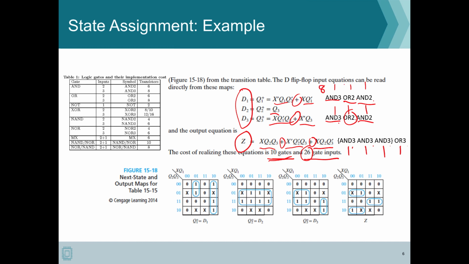OR 2 is 6 transistors for this case, and you have AND 2, which is 6 transistors for this case. So you can add up these transistor values for all of these gates, and then end up with the transistor count. And here are the K-maps from which we calculate the expressions.